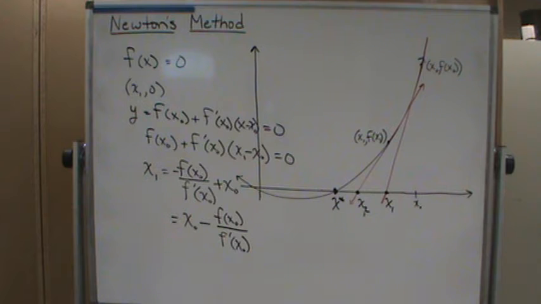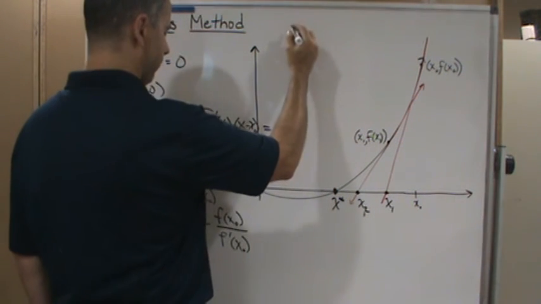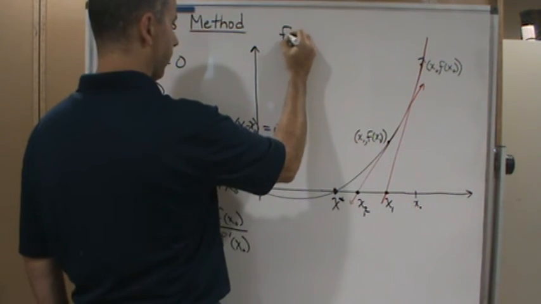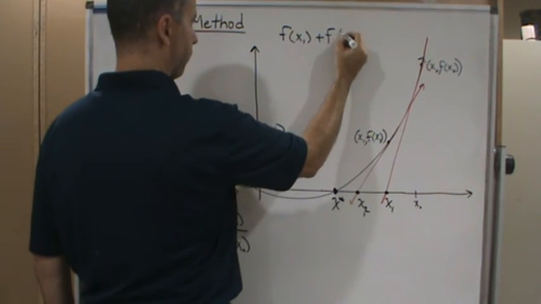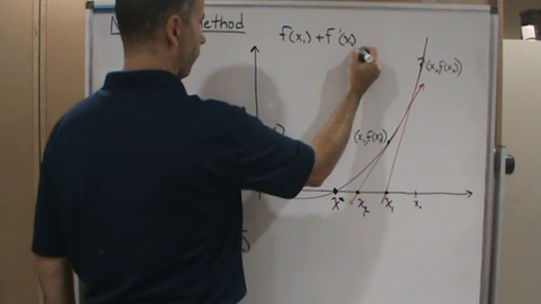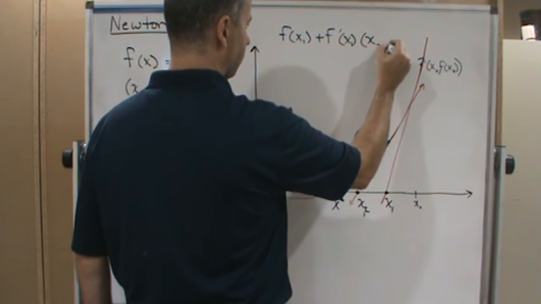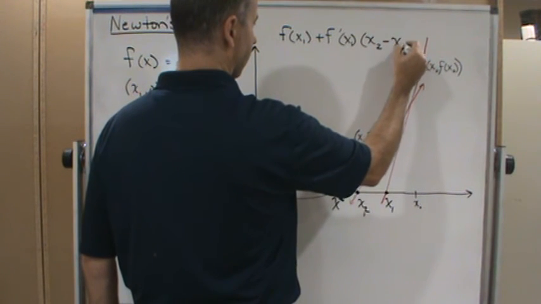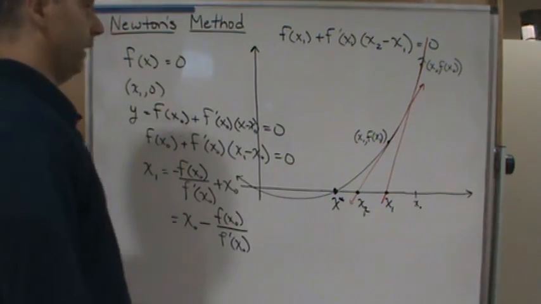Now, guess what? Similarly, at x2 comma 0, if we're looking at this equation line, now we have f of x1 plus f prime of x1 times x2 minus x1 has to equal 0, right?